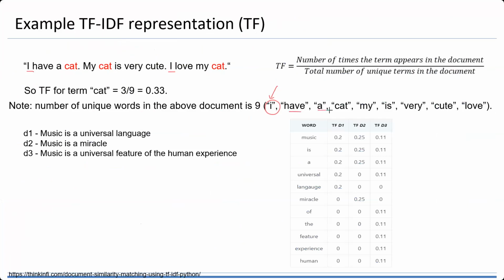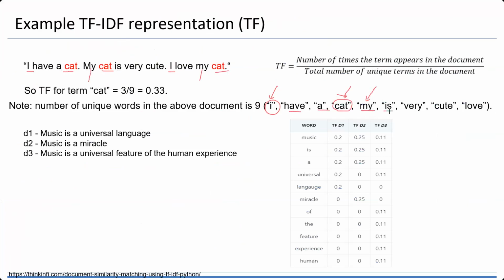And then only one cat. So how many cats appear? We know there are 3. But we need to understand the unique terms. The unique term is only one word. My. So how many my appears? 1, 2. So we need to make it as a unit, only one.